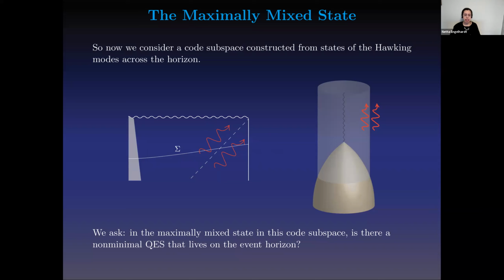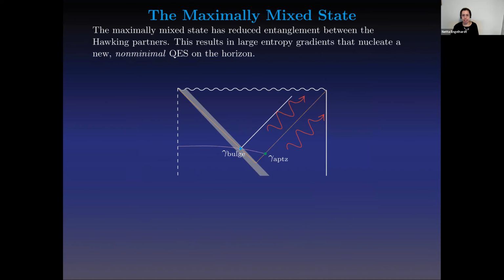And we ask, in the maximally mixed state of this code subspace, is there a non-minimal quantum extremal surface that essentially lives on the event horizon that would prevent these from being simply reconstructible? And the answer is, yes, there is. So the maximally mixed state in this code subspace, that's this one, and that's when these two are maximally mixed with a third system.